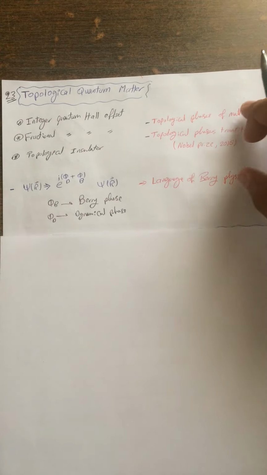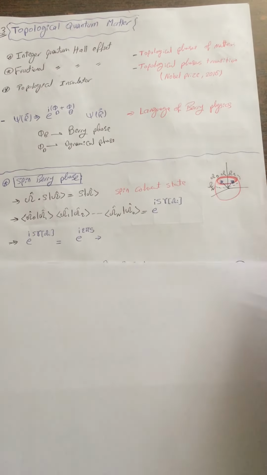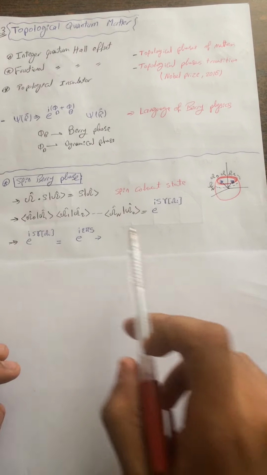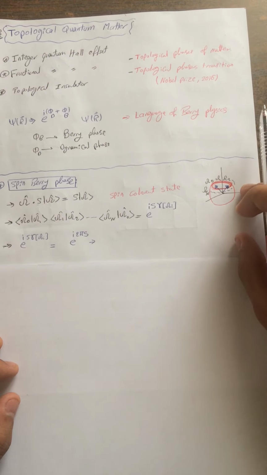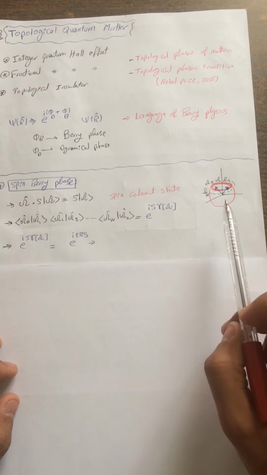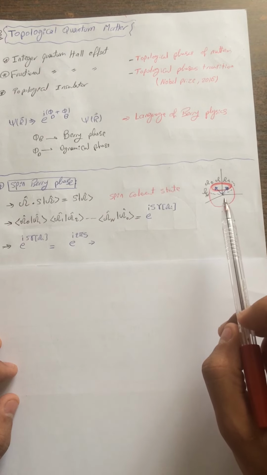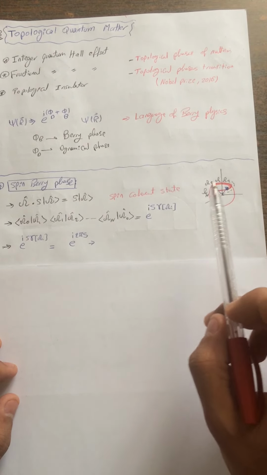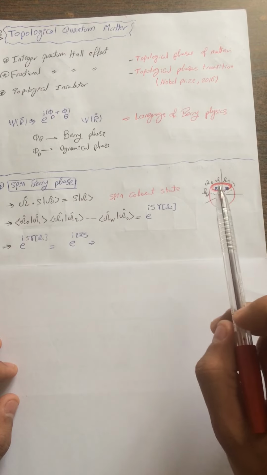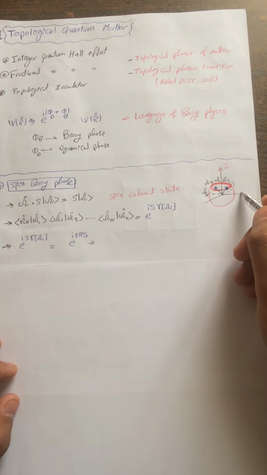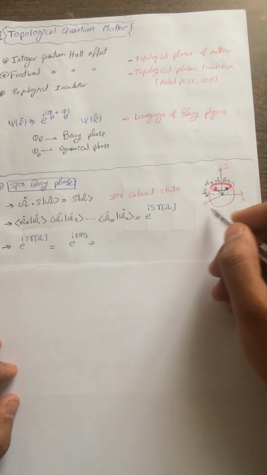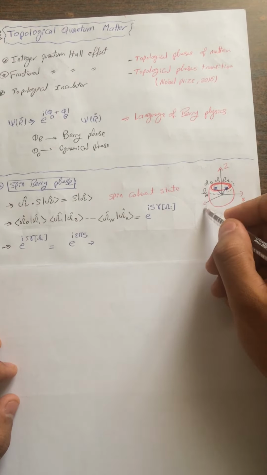So let me tell you about the spin-Berry phase quickly. If you have this coherent state that is evolving, you see clearly here. Remember the Bloch sphere representation: this is a Bloch sphere and this is a spin, and this spin is rotating around an area here, around the z-axis, for example. So this is y and this is x.